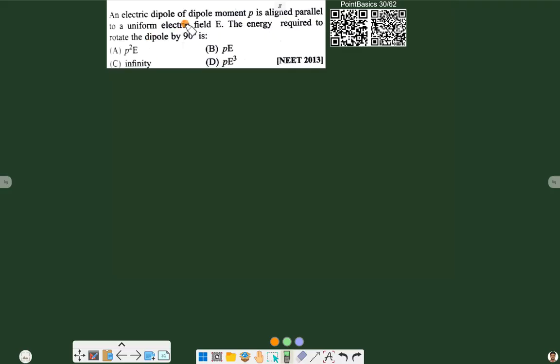An electric dipole of dipole moment P is aligned parallel to uniform electric field E. Energy required to rotate it by 90 degrees. So initially, theta is equal to 0 because they are parallel. So initial energy will be minus PE cos 0, and final energy, because we have to rotate it by 90 degrees, will be U2 equal to minus PE cos 90.